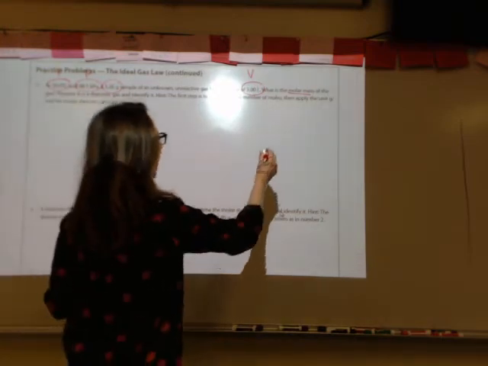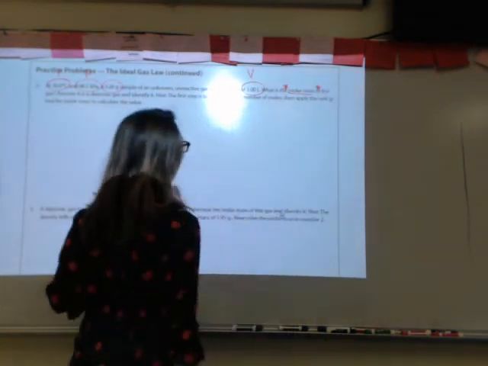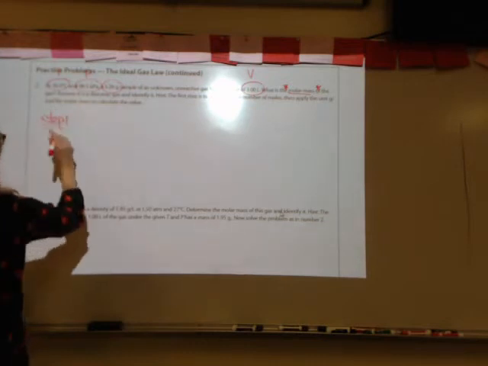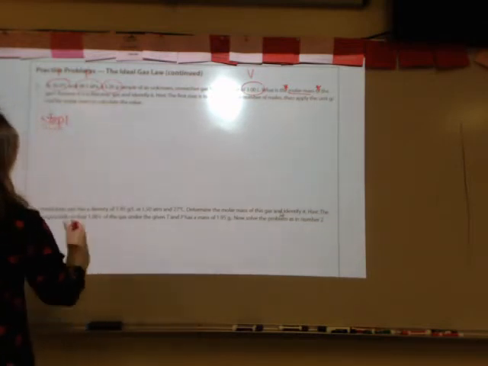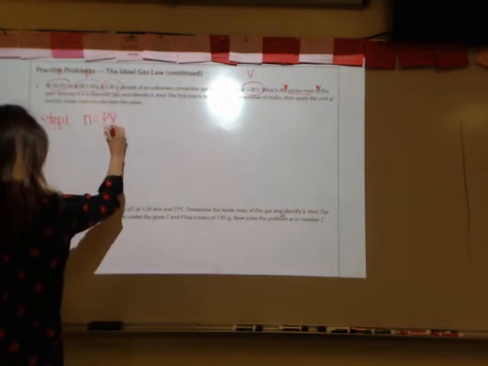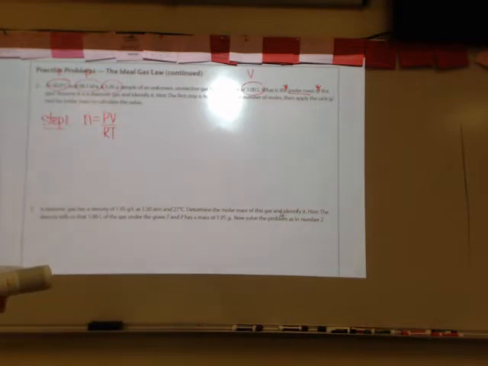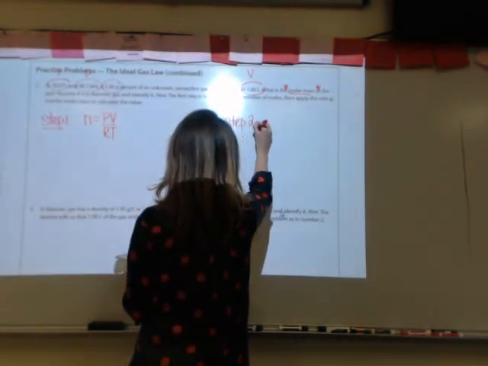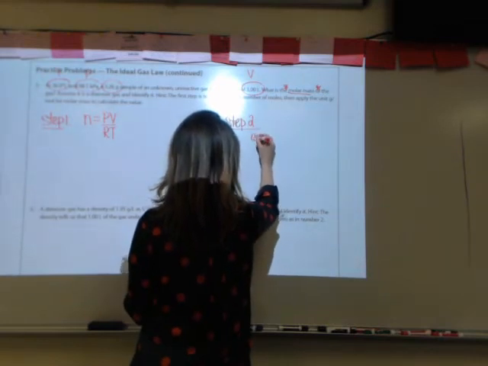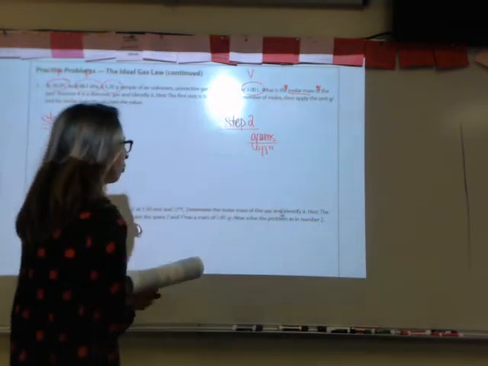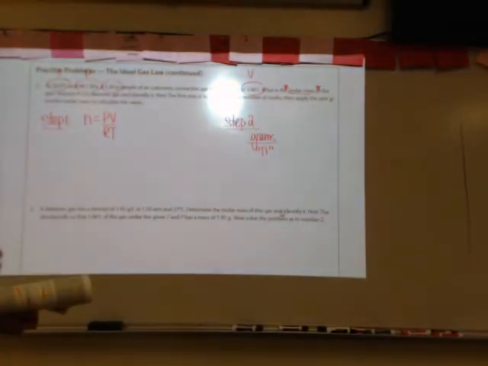Anytime they ask you to calculate the molar mass of a gas, if we're using PV equals nRT, step number 1 would be to use the PV equals nRT equation to solve for moles, which is N. Then in step number 2, you're going to take the grams that were given and divide it by N, which will be grams per mole, which is a unit for molar mass.